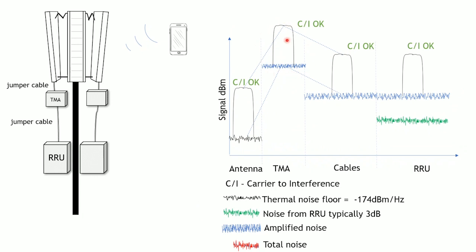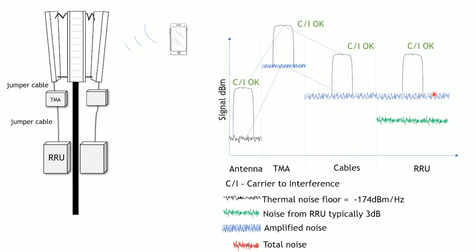When this composite signal passes through the cable, both the amplified noise and the carrier are attenuated. It's only the thermal noise floor that is not attenuated. Amplified noise is a man-made thing, and it is attenuated in the jumper. When this enters the base station, we have a separation here of roughly 10 dB.